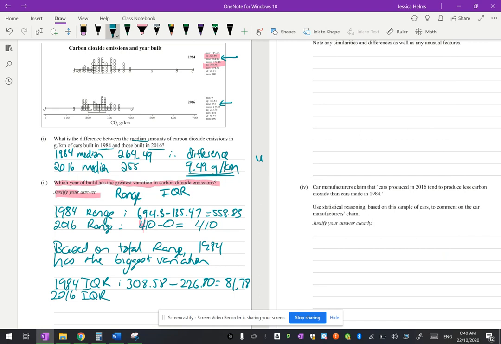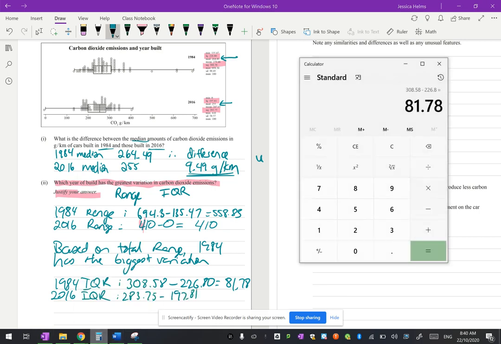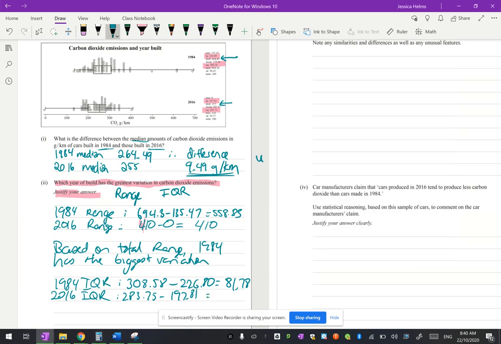For 2016, the interquartile range would be 283.75 minus 197.81, and that gives us 85.94.